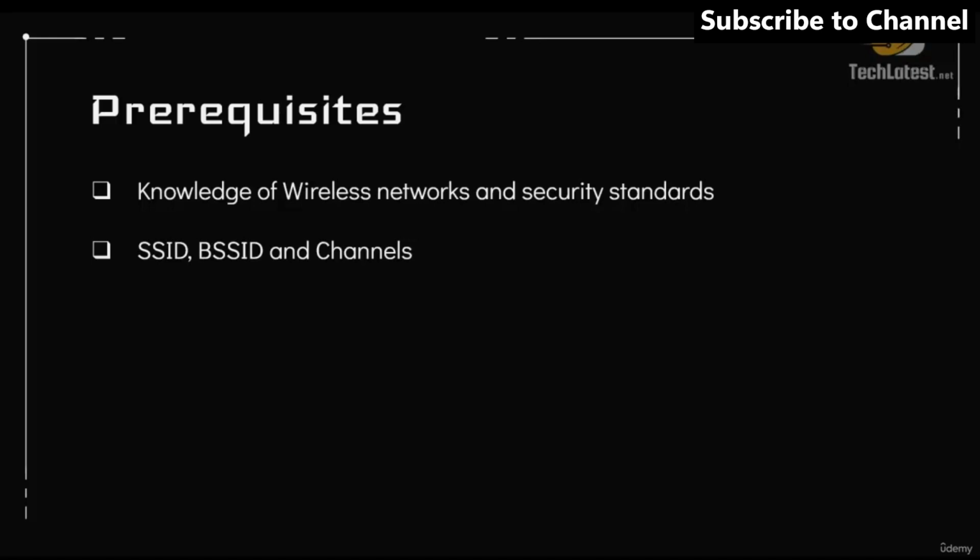And channels are different frequencies. Because Wi-Fi works in the form of radio waves, when you have different Wi-Fi connections, if the waves have the same frequency, they can clash with each other and cancel each other. So that's why we have different channels.